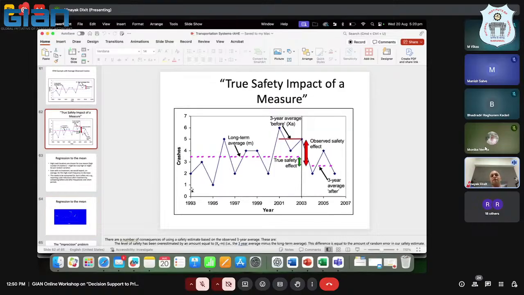If you have 1 crash per year and it increases to 5, does that mean the crashes have increased by 5%? No, it is just random variation, and it's not 5%, it's 5 times. That's almost 500%, so you have to be very careful about that.